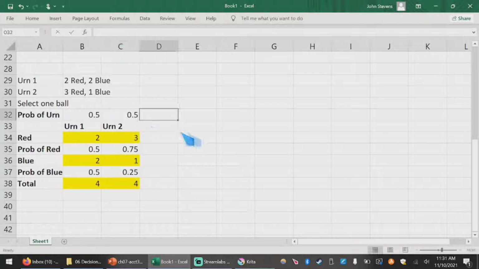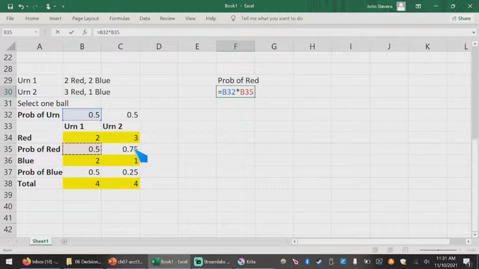So the probability of red overall, not dependent on the urn, is probability of urn 1 times probability of red given urn 1, just like the tree, plus probability of urn 2 times probability of red given urn 2.